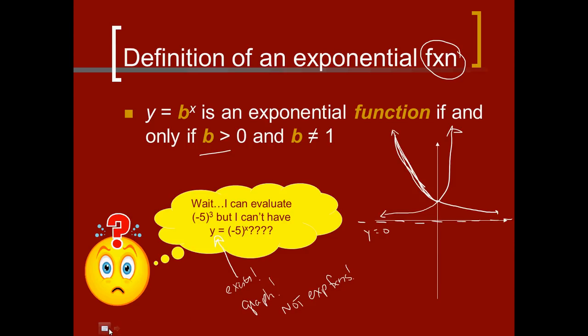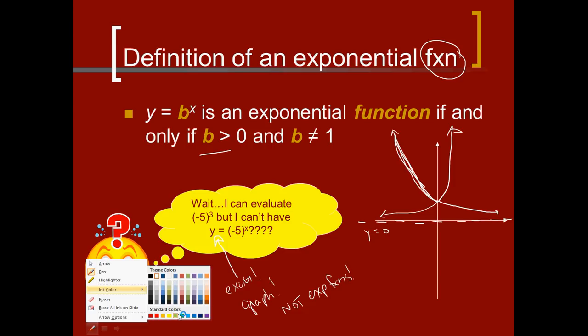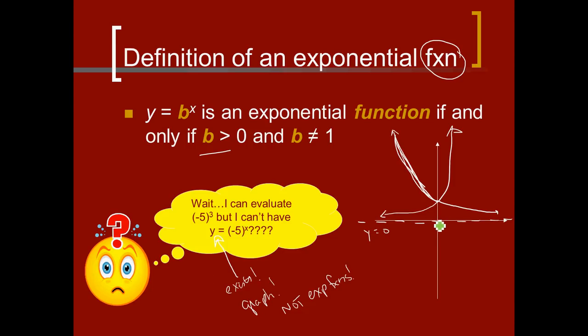-5 to the 0 power is 1. -5 to the first power is -5. -5 to the second power is +25. -5 to the third power is -125, right? So you see, boop, boop, boop, boop.